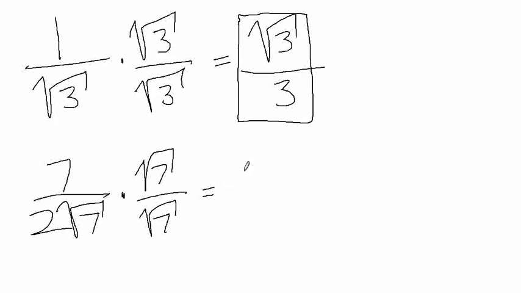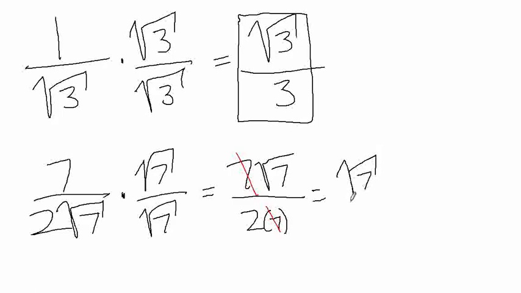So in this example, I will have 7 root 7 on top, and I will have 2 times 7 on bottom, because the square root of 7 times the square root of 7 is 7. And lo and behold, we can reduce our answer. I can eliminate the factor of 7 from the top and bottom. So the answer is the square root of 7 over 2.